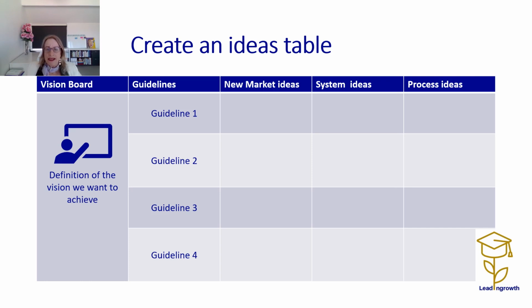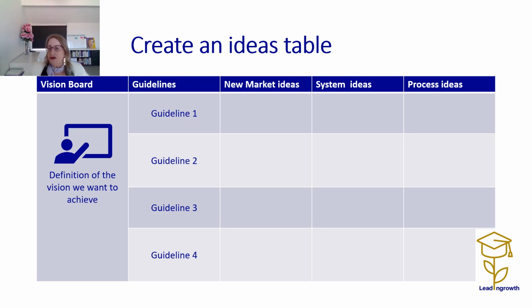And in this example, typically in the columns, what we want to do is drill down on ideas when we're trying to develop them. So I've just put an example here for you. In this ideas table, we're looking at new market ideas, new system ideas, and new process ideas.